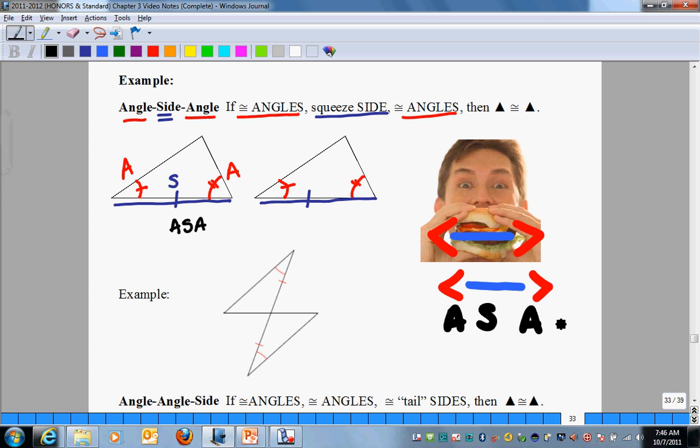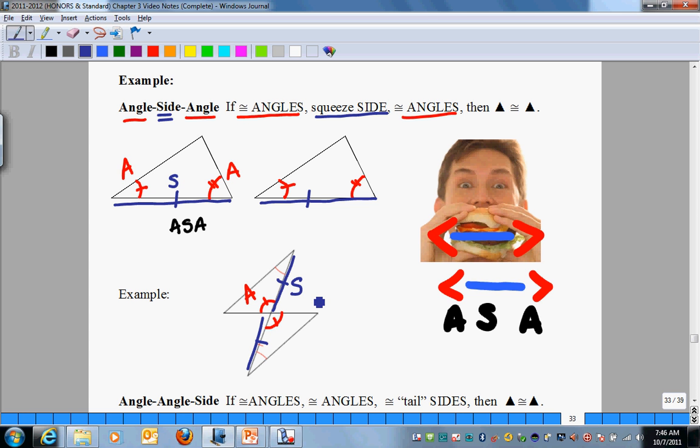In the given example, let's mark what we have already. Let's find a freebie. We have a pair of vertical angles. Mark your vertical angles and put an A for a pair of angles. You have a pair of sides, which are marked congruent.